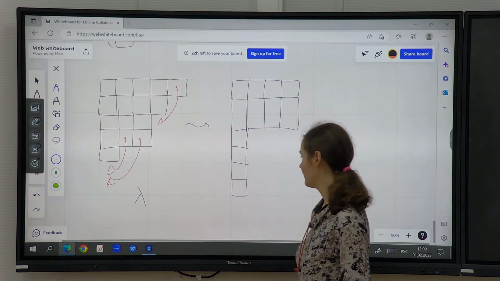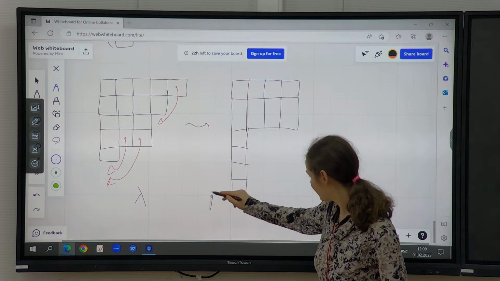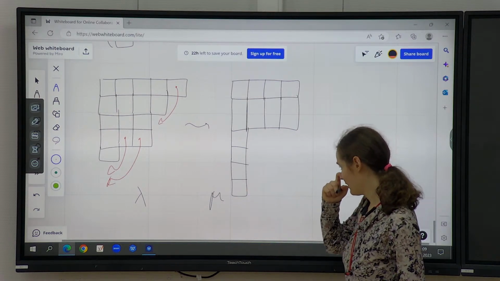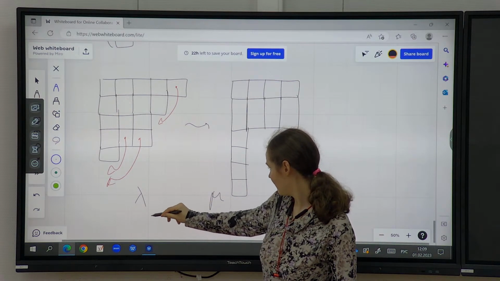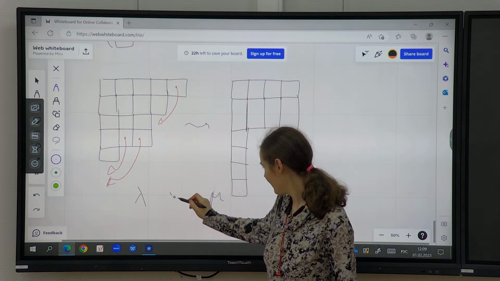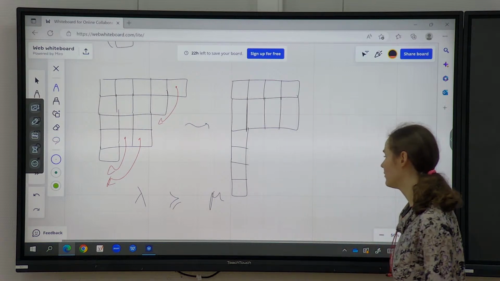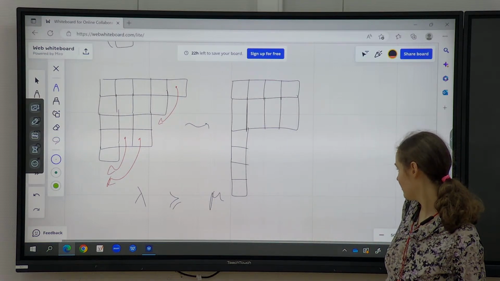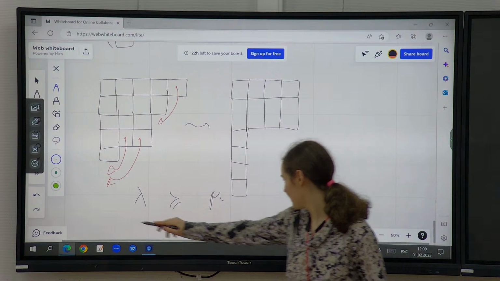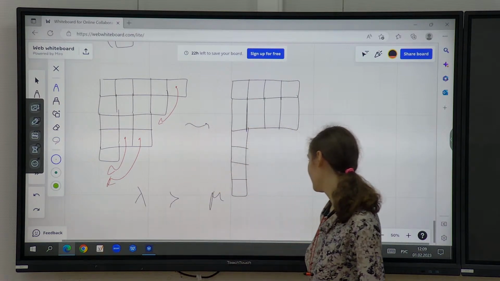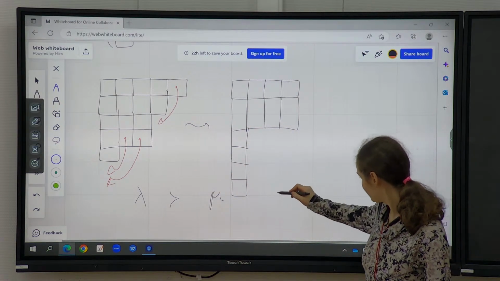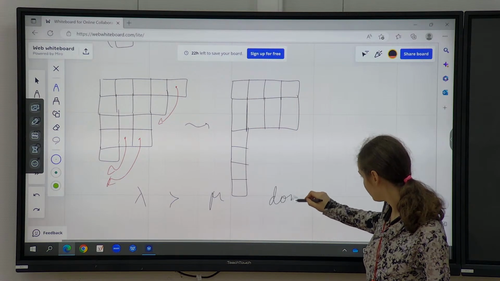So we had diagram lambda, we obtained diagram mu, and we say that diagram lambda dominates diagram mu.